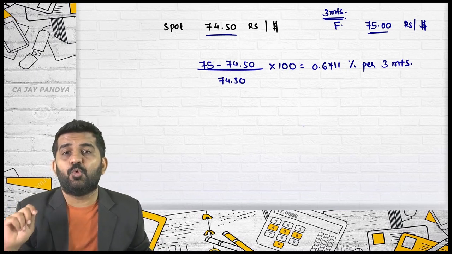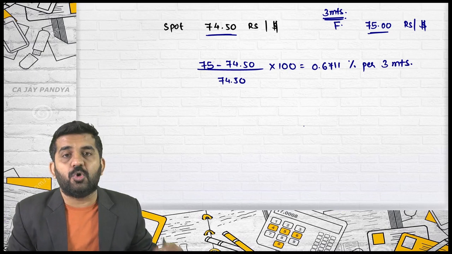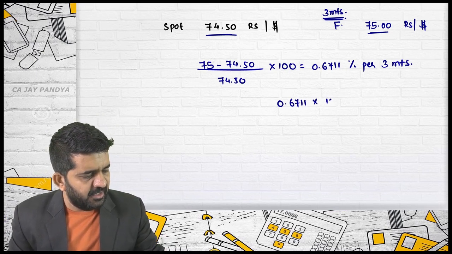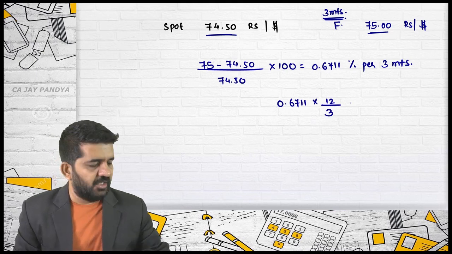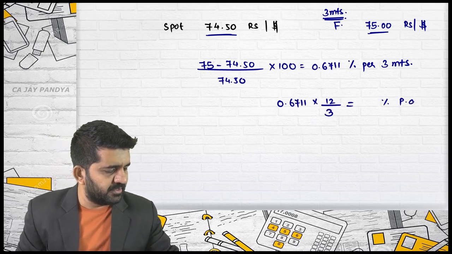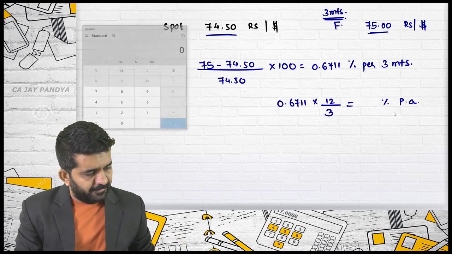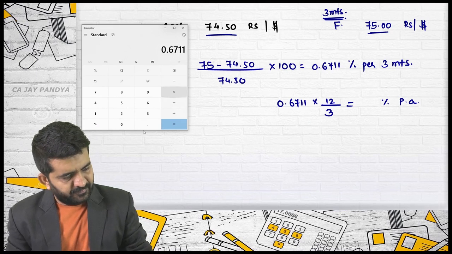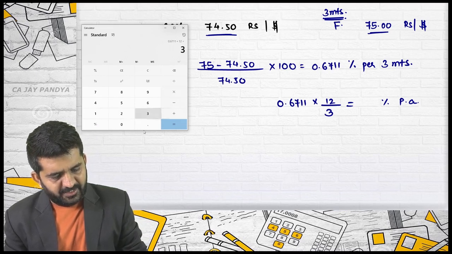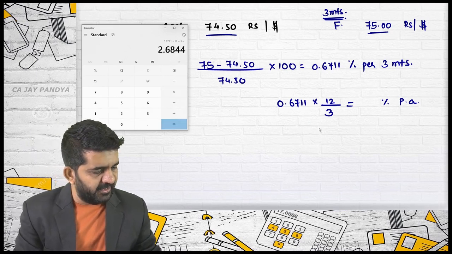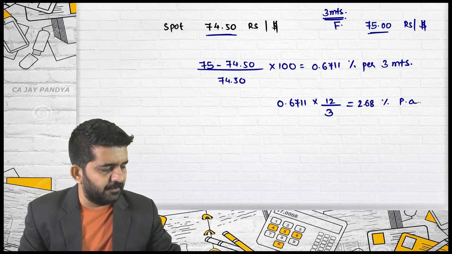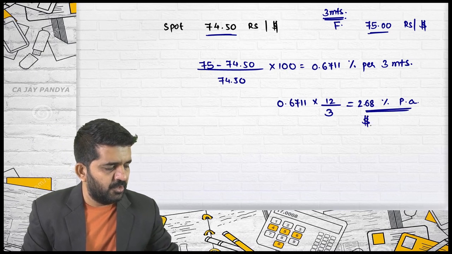Never is the rate quoted for 3 months, so I need to convert it into 12 months. 0.6711 into 12 divided by 3 will be the answer of percentage per annum. This is 0.6711 multiplied by 12 divided by 3. It is 2.68 percentage per annum.